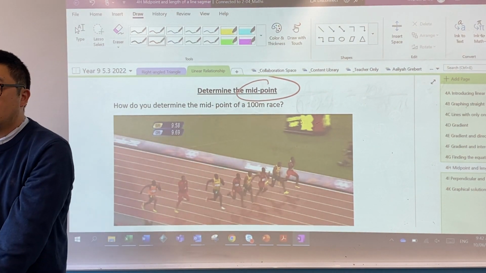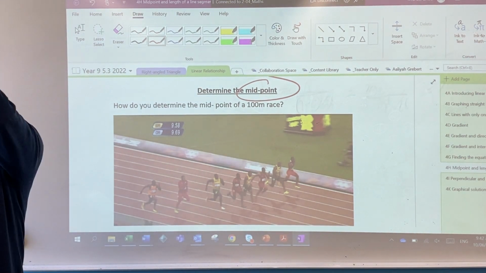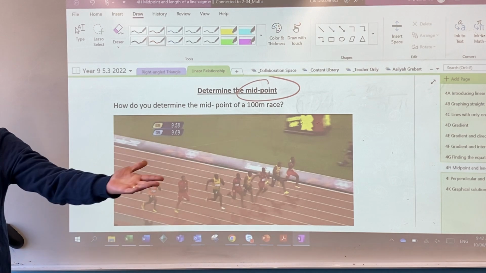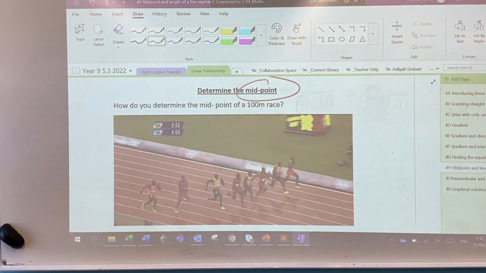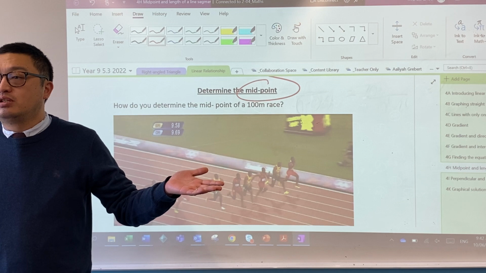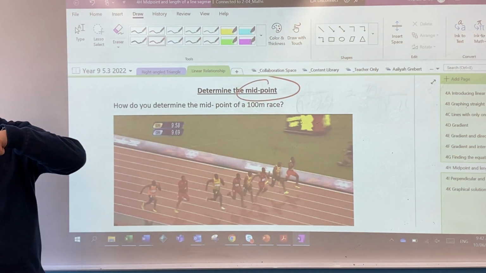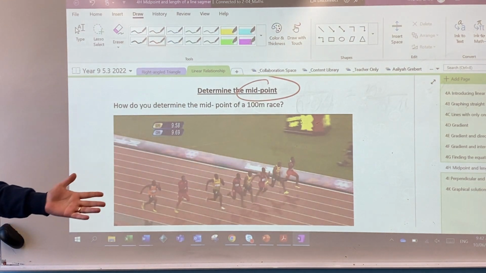Half it, exactly. Average. How do you find average? Add the numbers together and divide by 2. That's exactly what we do here.